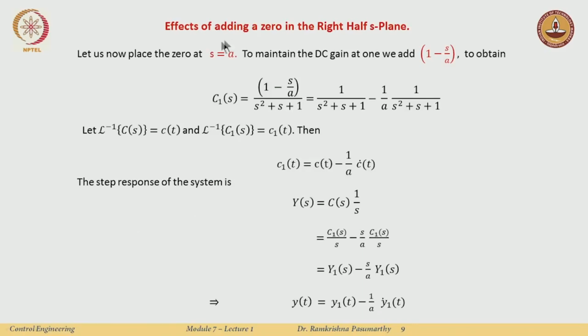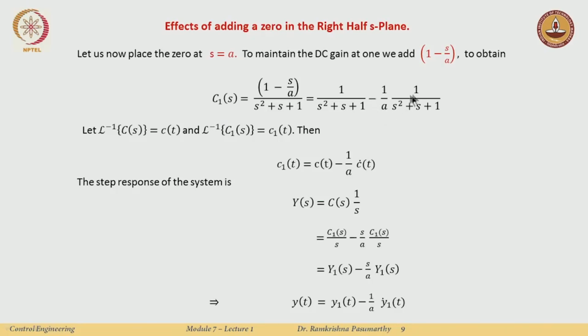Okay. Now, what if I add a 0 in the right half plane? Again, to maintain the DC gain at 1, we just divide the entire thing by A. So my transfer function of the system is now 1 minus S over A, times 1 over S square plus S plus 1. It looks very much the same, I just have a minus here.